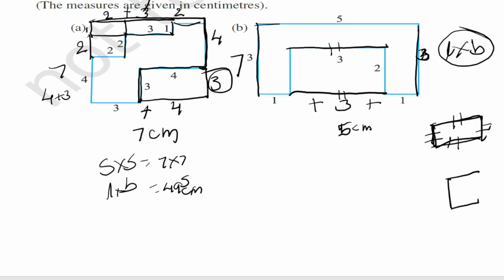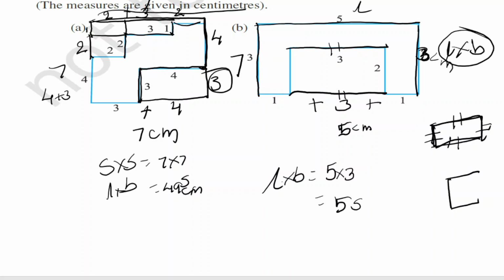So here it formed a rectangle whose length is given as 5 centimeters and breadth is given as 3 centimeters, and area of the rectangle is length into breadth, that is equal to 5 into 3, that is equal to 15 square centimeters, because measures are given in centimeters, so this is 15 square centimeters.